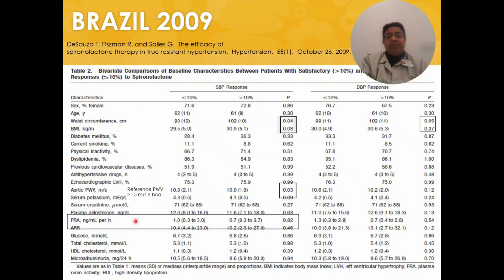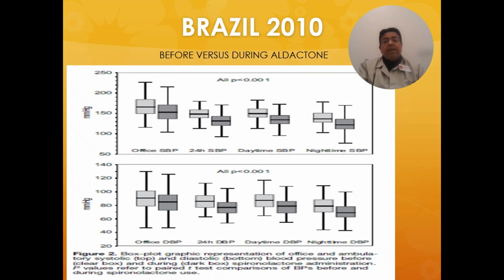In general, this study included a good proportion of patients with low plasma renin activity, since the mean plasma renin activity was 0.7 to 1.0. Addition of spironolactone led to a marked reduction in blood pressure, whether it was in the office, on 24-hour blood pressure monitoring, during the daytime, or in the nighttime.